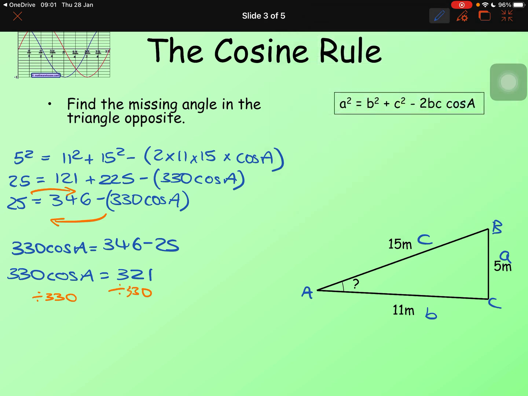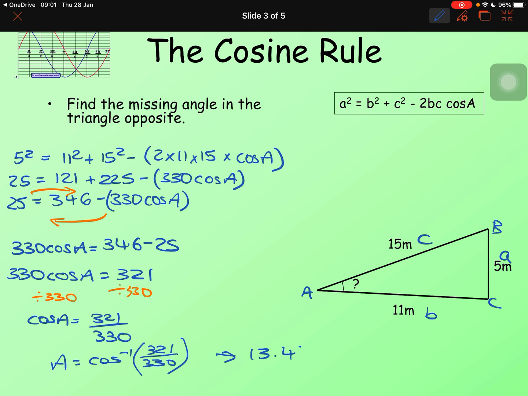So we will have cos A equaling 321 over 330. So finally, inverse cos both sides. So we'll do cos to the minus 1 of 321 over 330 into our calculators, and that will give us an answer of 13.41 degrees. Really, really shallow angle.